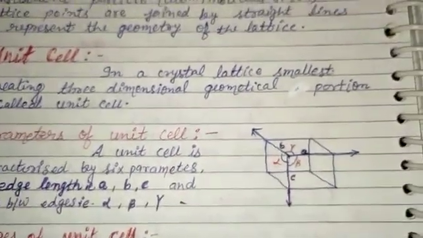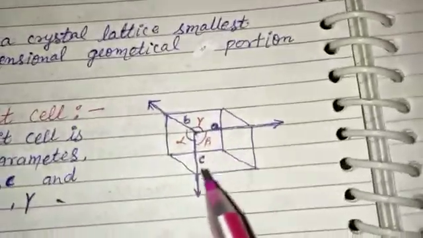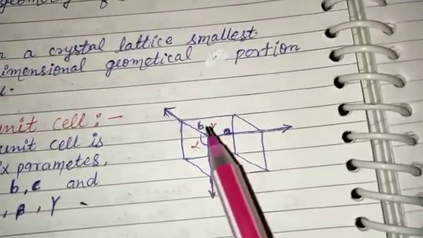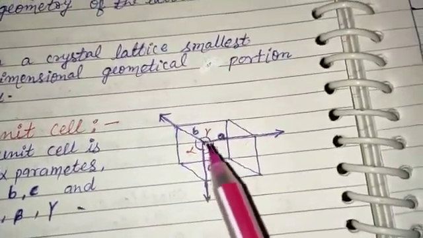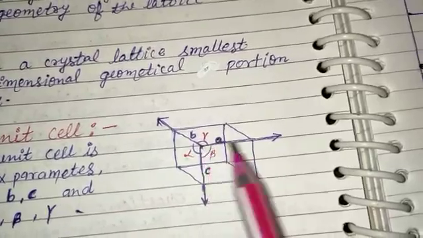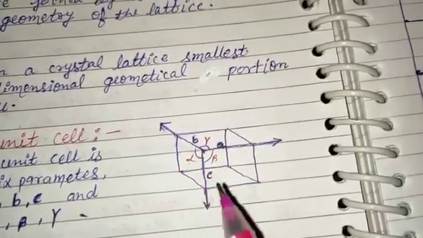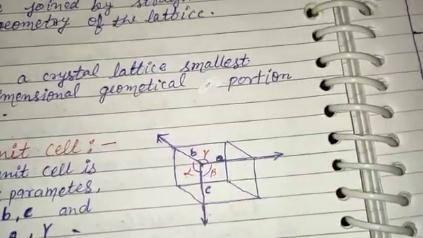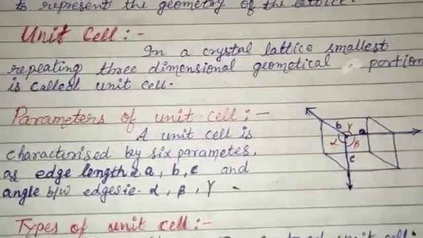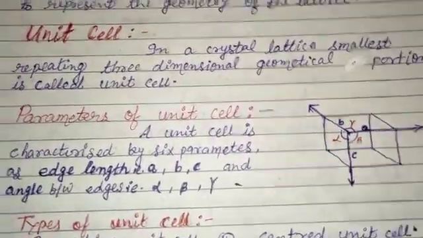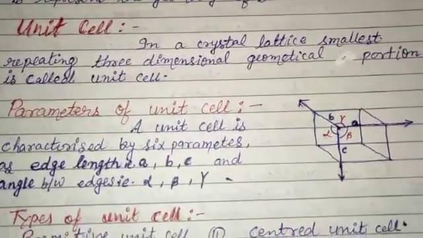Dear students, there are 6 parameters, in which 3 are angles, called axial angles alpha, beta, gamma, and 3 are edge lengths, length, breadth and height: a, b, c. Total 6 parameters. So these parameters decide the type of unit cell.